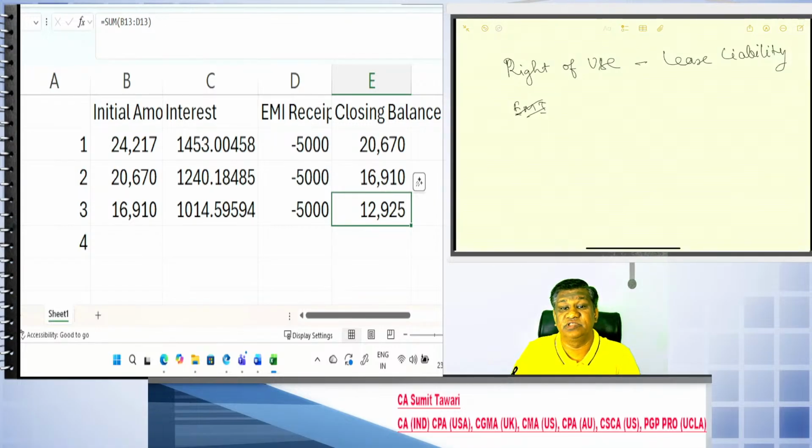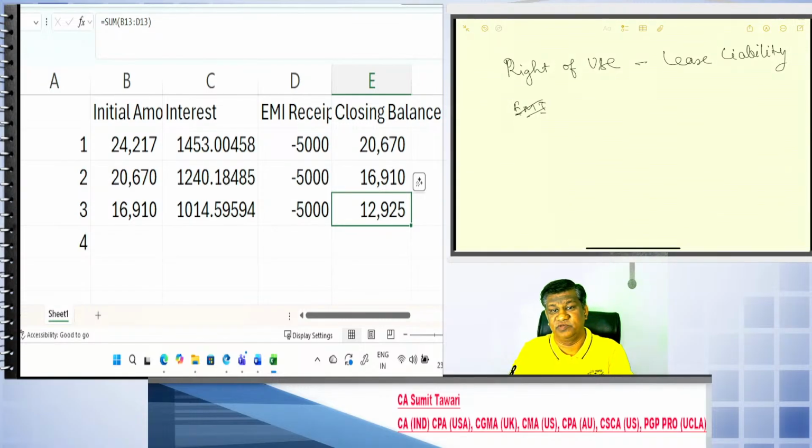We need to reduce the interest component, and then further we need to reduce. Sorry, it is not the interest. It is basically the EMI portion.